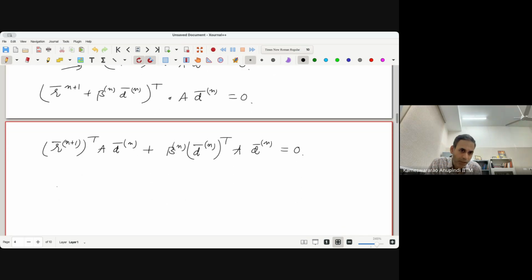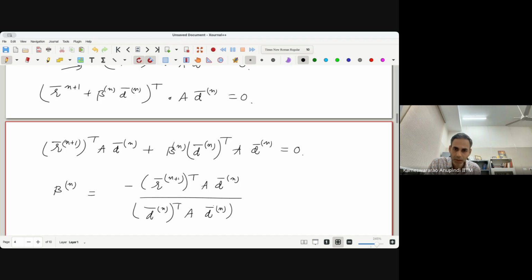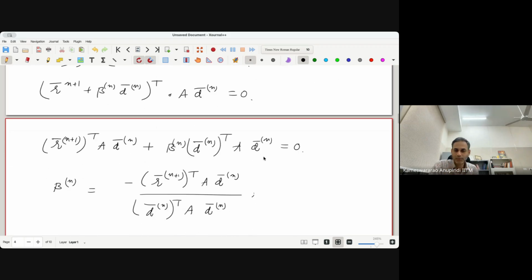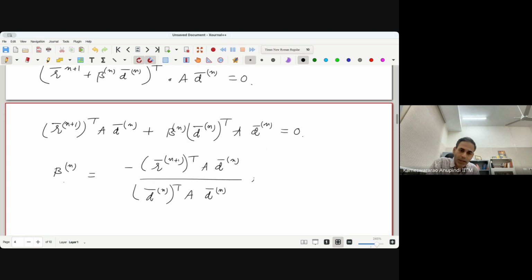Okay, so from here I can calculate the value of beta n, that is equal to minus R bar n plus 1 transpose A times d bar n divided by d bar n transpose A times d bar n. Okay, so I said I may not write the bar, but it appears I'm able to remember and write it everywhere. So I think that is good. So we have all these vectors with bars, and then the scalars do not have the bars, like beta n and alpha n. Okay, so this is the value of beta n.